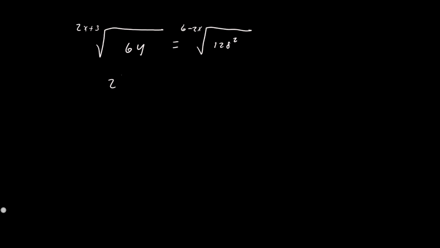Here we get that 2 to the power of 6 is equal to 64, and 2 to the power of 7 is equal to 128. So we can directly simplify this now, which will make our solving much easier.